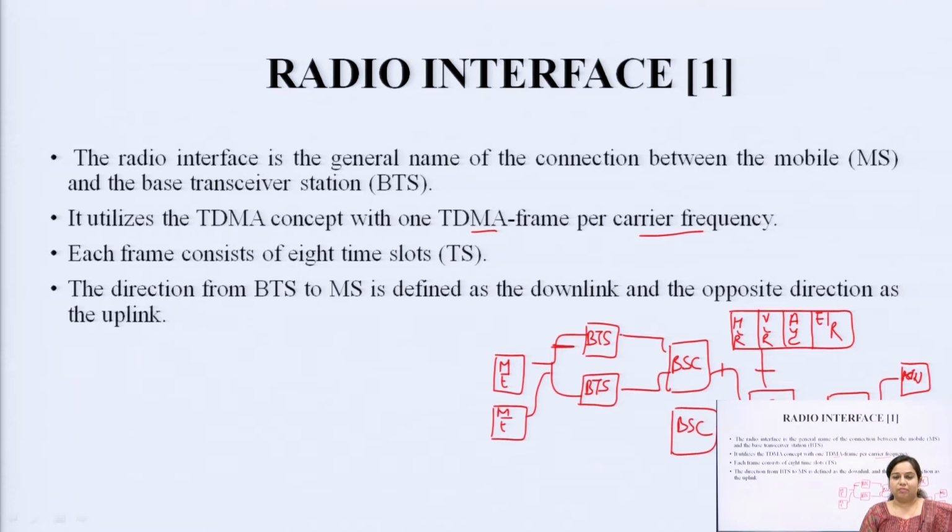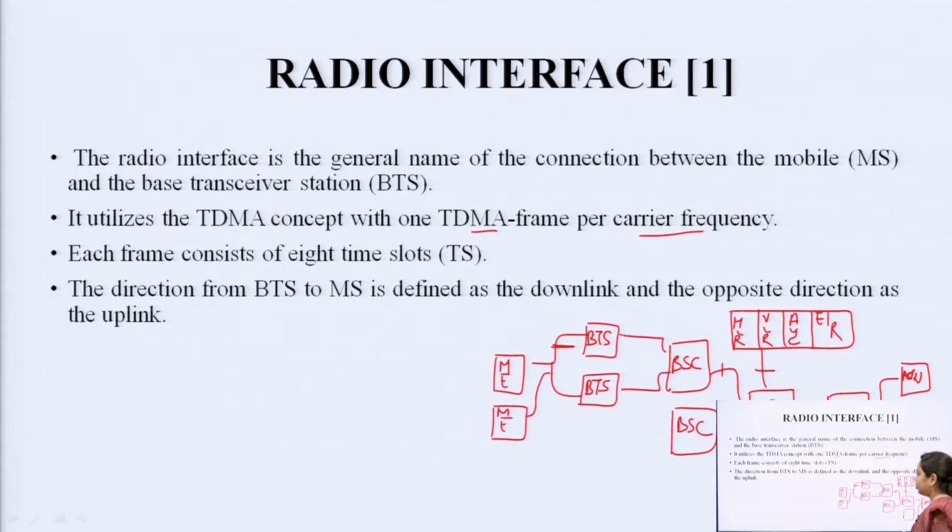That 15 minutes will be equally distributed among n number of users. Let us say there are 4 users. So, 15 minutes will be divided among 4 users, and also additional time is required for the insertion of the guard interval between two users. That is the way to remove the inter-symbol interference.